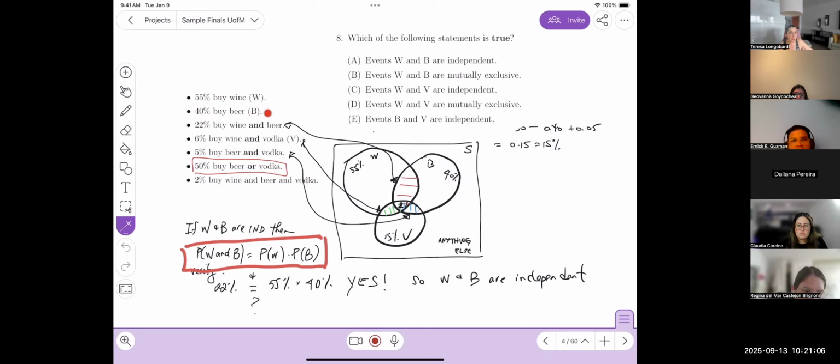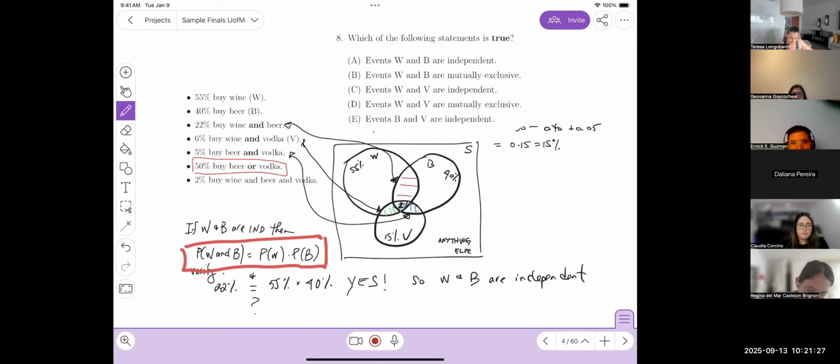It'll change when people maybe feel cash constrained, or there's inflation, and then they decide if they buy wine, the chance of buying beer goes down. But as is, if they're independent, it means the probability doesn't change.